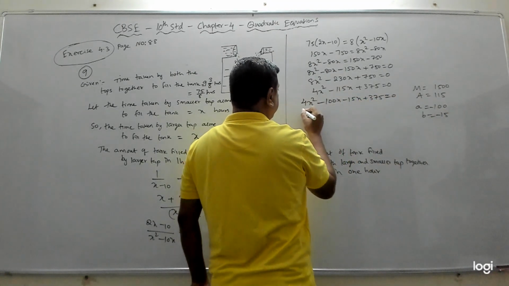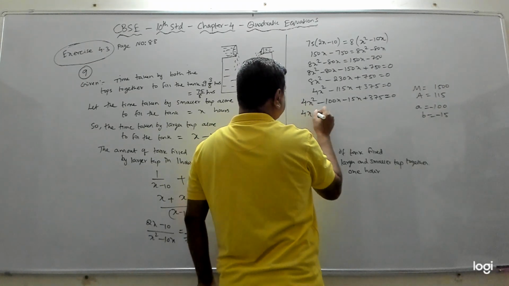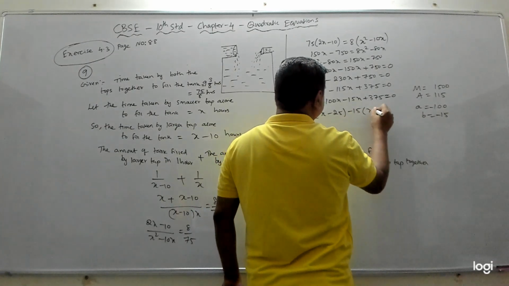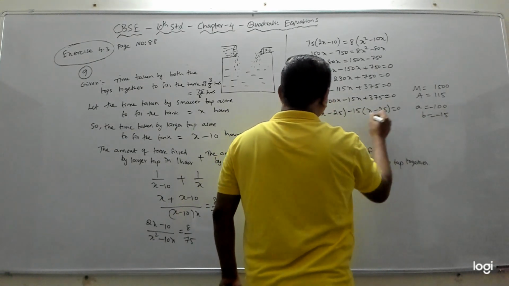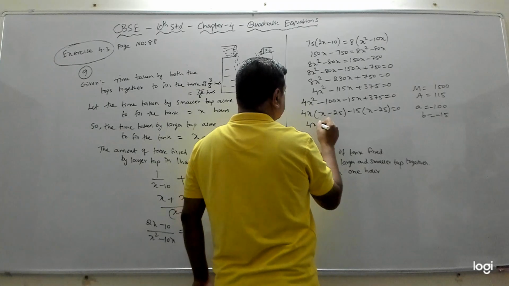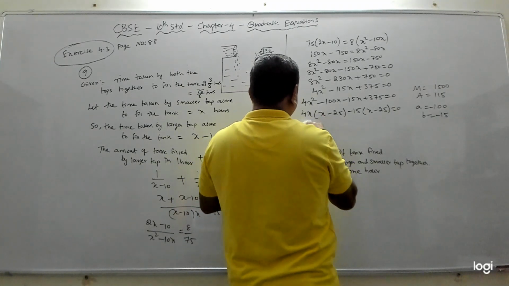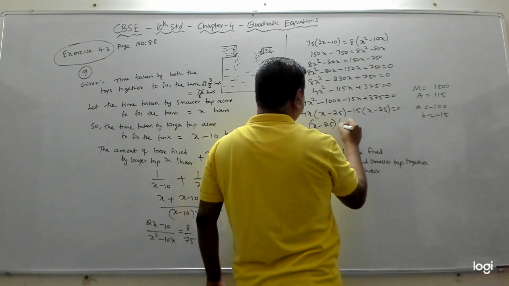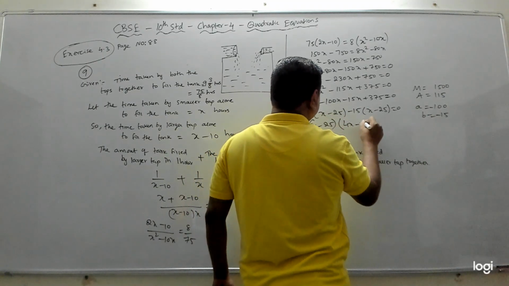Now in this, if I take 4x as common, I'll get x minus 25. And here if I take 15 common, I'll get x minus 25 equal to 0, which means x minus 25 into 4x minus 15 equal to 0.